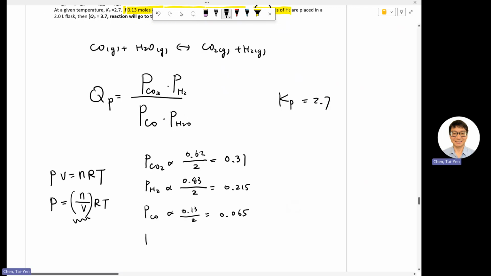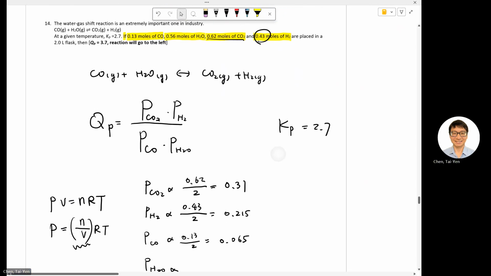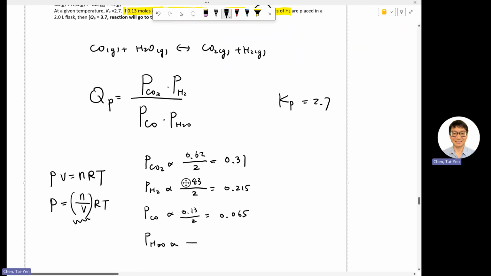The very last one is the pressure of your H2O, proportional to 0.56 divided by 2, that's 0.28. So that's how you compute your pressure: basically moles of your gas molecule divided by the volume.